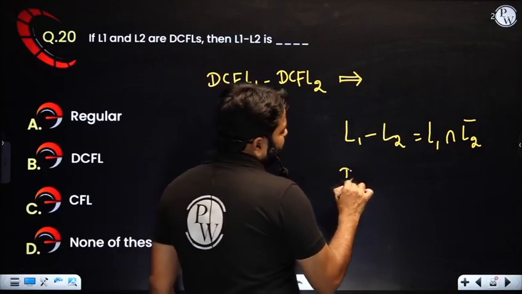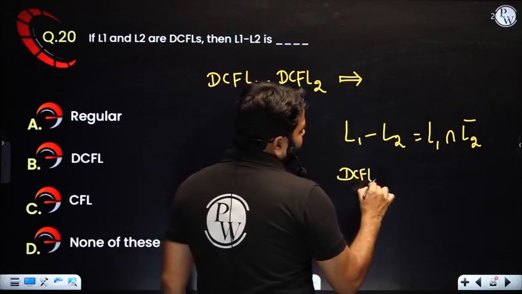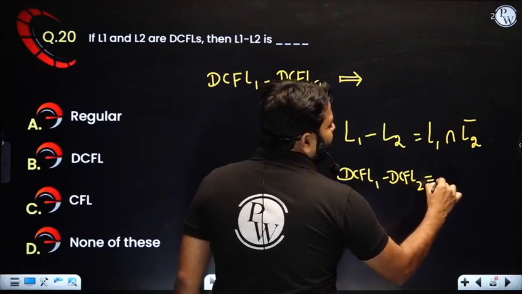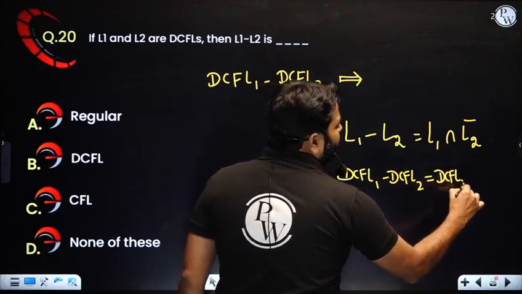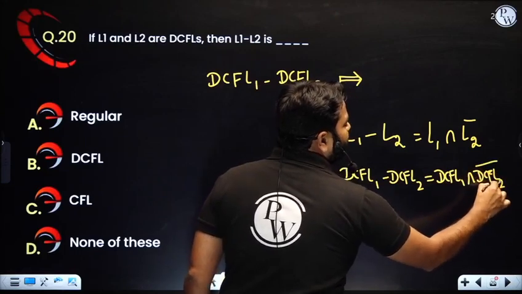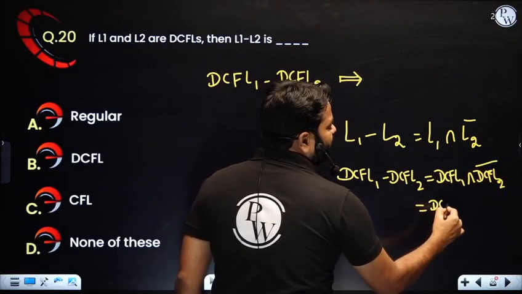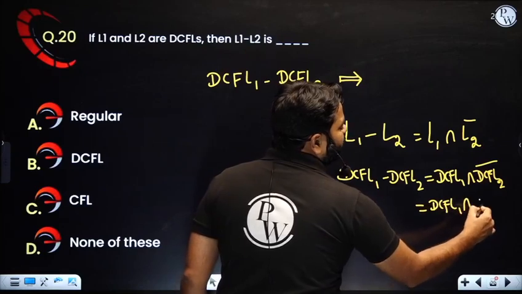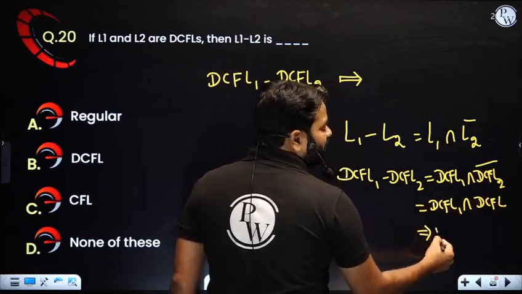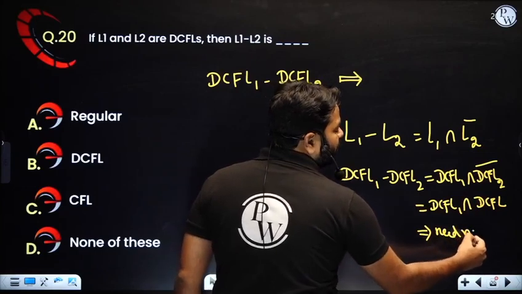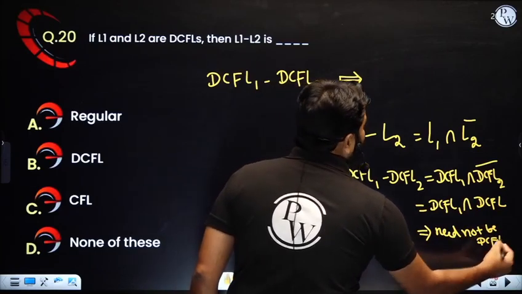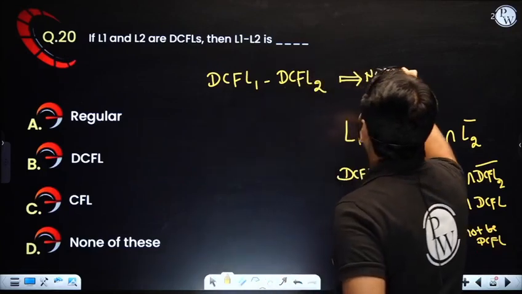So when you are saying DCFL 1 minus DCFL 2, you can think in this direction: DCFL 1 intersection DCFL 2 complement. You already know DCFL 2 complement is DCFL, right? So DCFL 1 intersection some DCFL need not be DCFL, but can I guarantee always CFL? Yes. So here need not be DCFL.